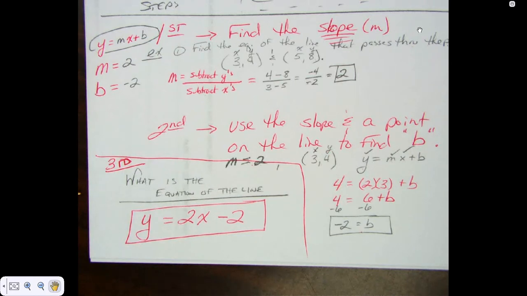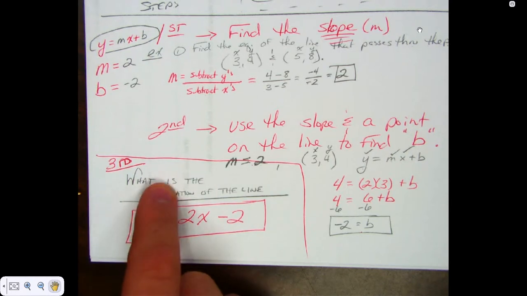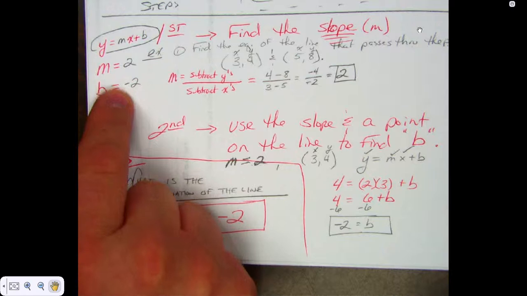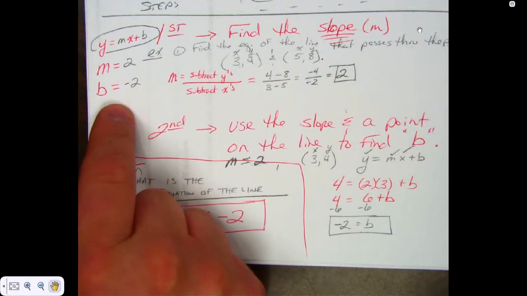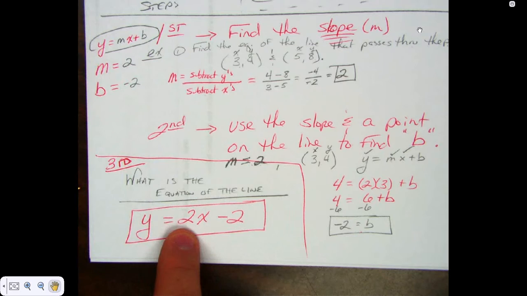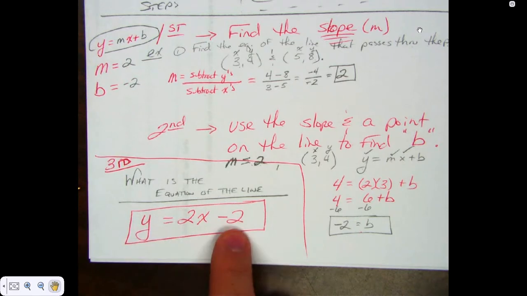Second step. Actually, no, the first step. Third step. They've already given us M and B, haven't they? So what's the only thing left to do? The equation. Plug in M and plug in B.